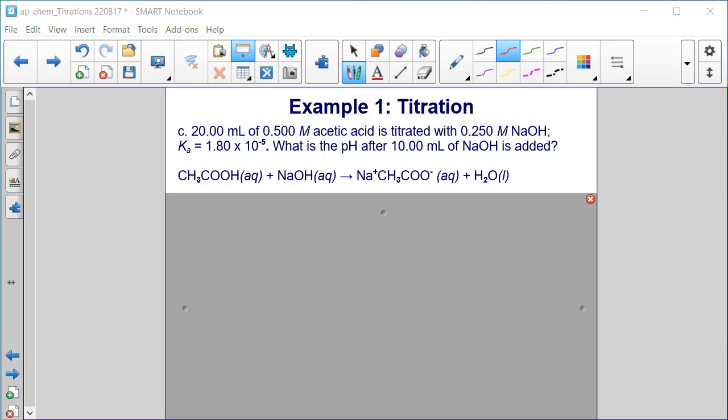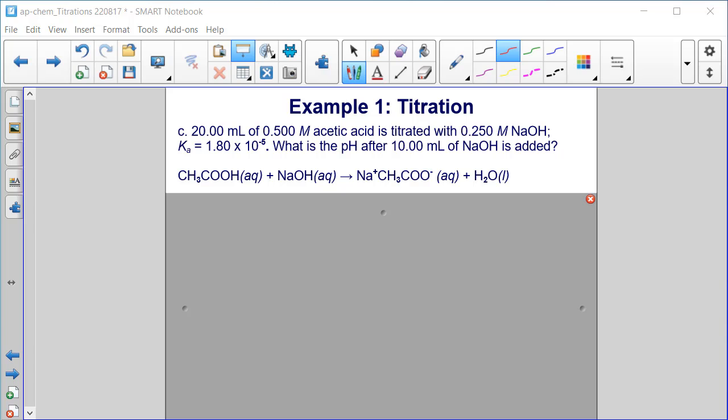All right, so think big picture with me here. If I'm not at the equivalence point, that means I have some amount of acid and some amount of base in the flask, but those amounts are not equal because I'm before the equivalence point. At this point, I'll have more acid than base, right? In order to calculate the pH, I need to determine what concentration of acid I have at that point.